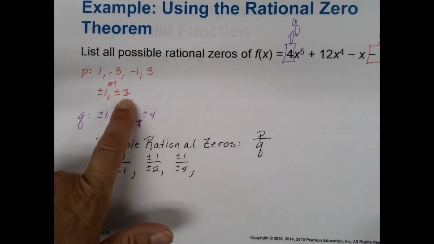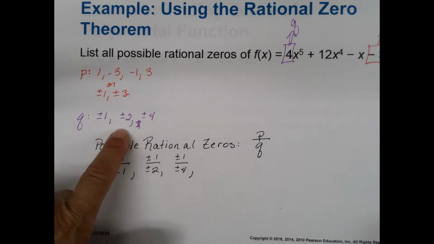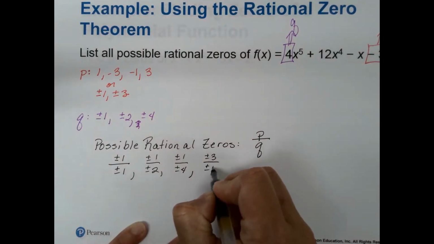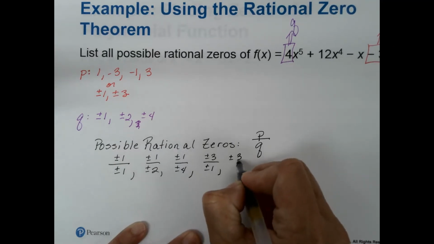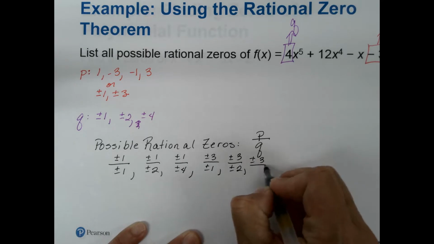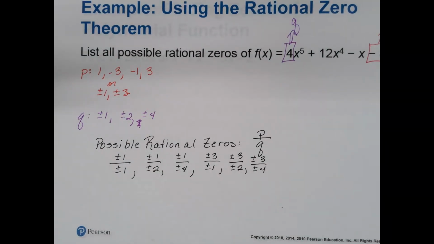Now we go to the next P. Plus or minus 3 is going to go over 1, 2, and 4. Plus or minus 3 over plus or minus 1. Plus or minus 3 over plus or minus 2. Plus or minus 3 over plus or minus 4. That's putting every P over every Q. Okay? Now we just simplify.